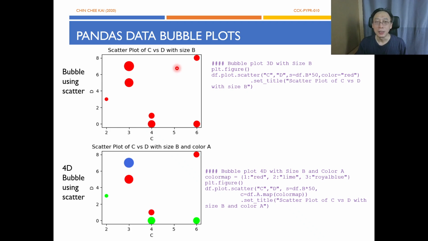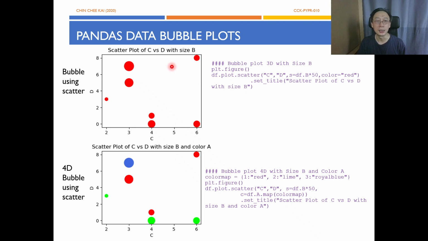Here, the scatter plot is 2D, and the additional dimension, the third, comes from the size of the bubble. So for example, the bigger the bubble, the more intense, the higher the occurrences, the more severe is the case. We can show that by data.